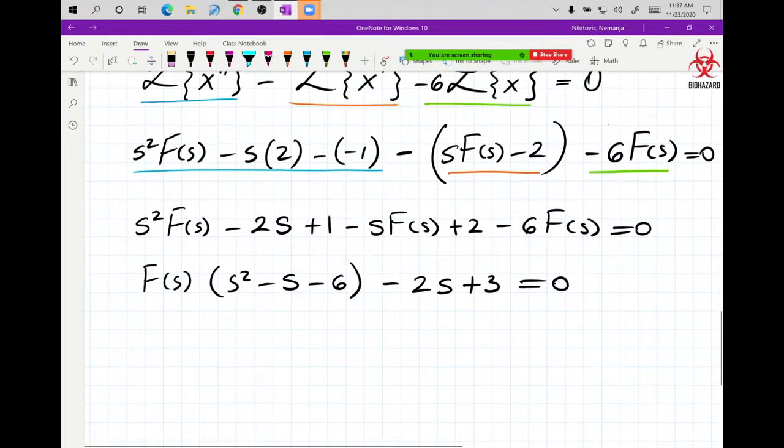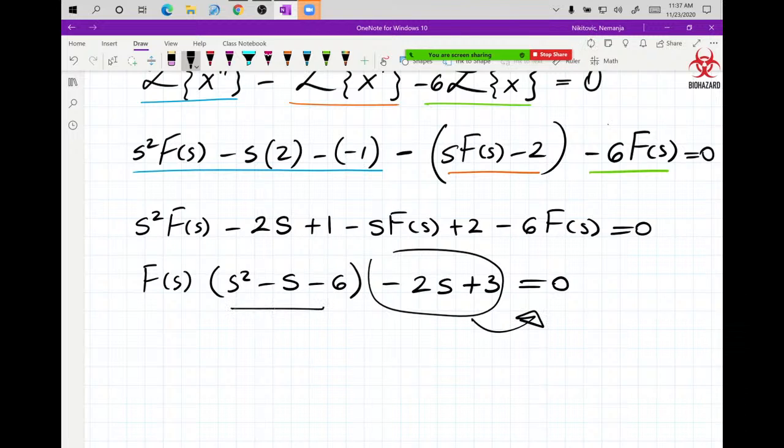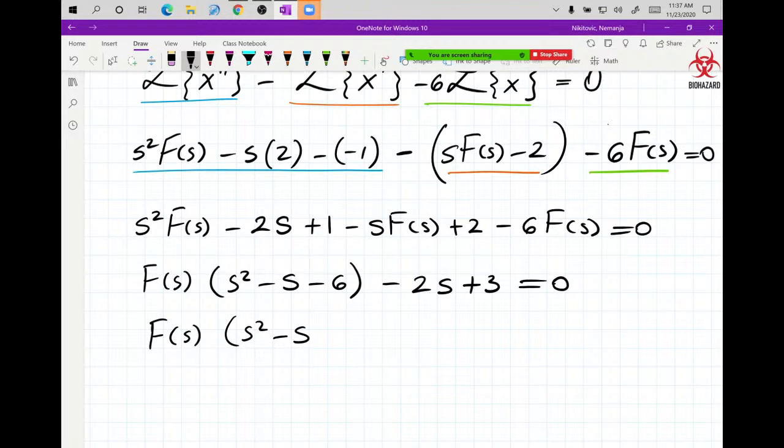So now we move these two to the other side, and then we divide by this one to get F(s) alone. So F(s) times s squared minus s minus 6. Be very careful with your 2s and your s's.